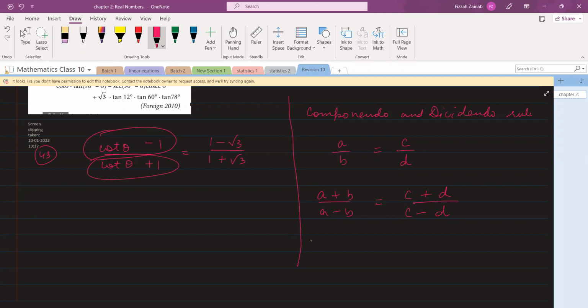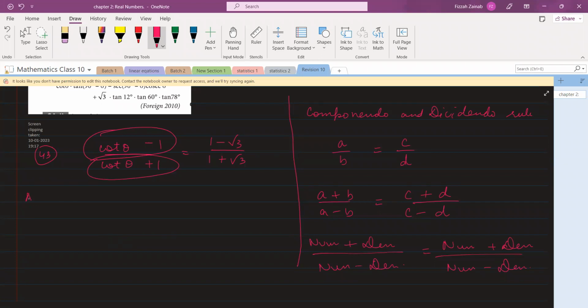All right, ma'am. Or you can write it like this: numerator plus denominator upon numerator minus denominator, and similarly here, numerator plus denominator upon numerator minus denominator. That's it. So we will do the same thing here.